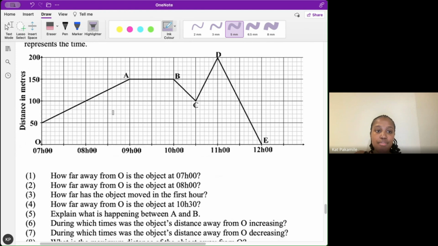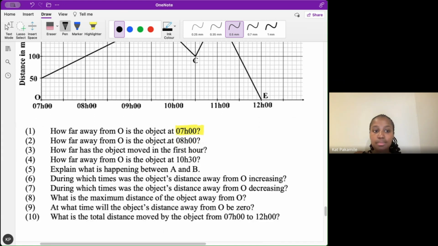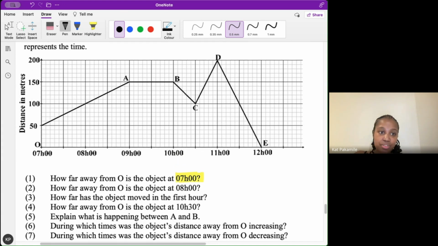Now let's see. How far away was the object from O at 7 o'clock? If you look at where the graph starts, which is 7 o'clock, how far was the object? Nice. It was 50 meters away, okay? If it was 0, then it would start over there, which it doesn't.